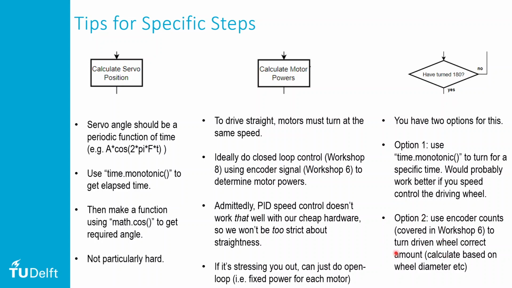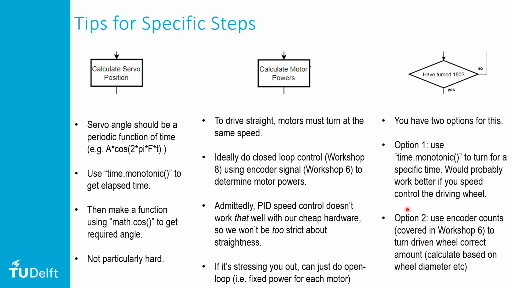Your second option, which is how I did it when I did the coursework myself this week, and which I think is probably the better way, is to work out how many encoder counts correspond to 180 degrees of turning, and basically drive that wheel and stop the other wheel until that many counts have been received.